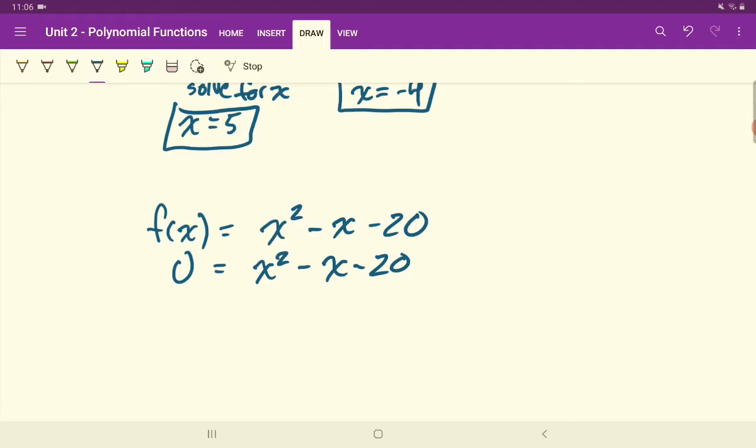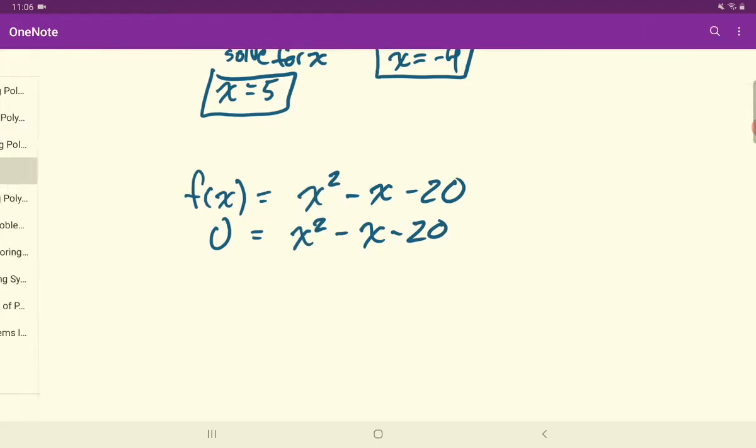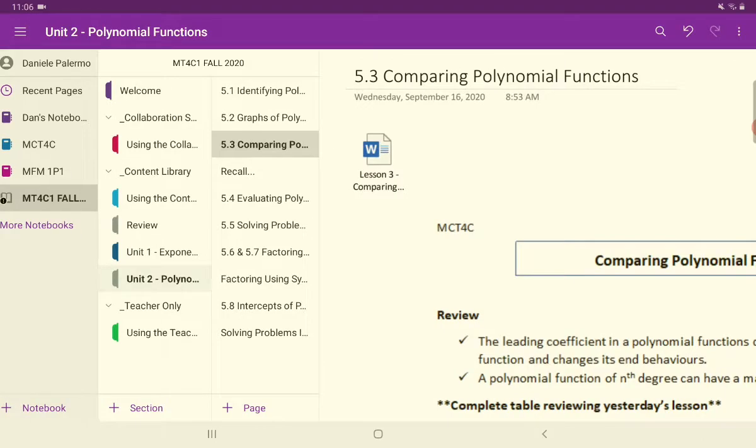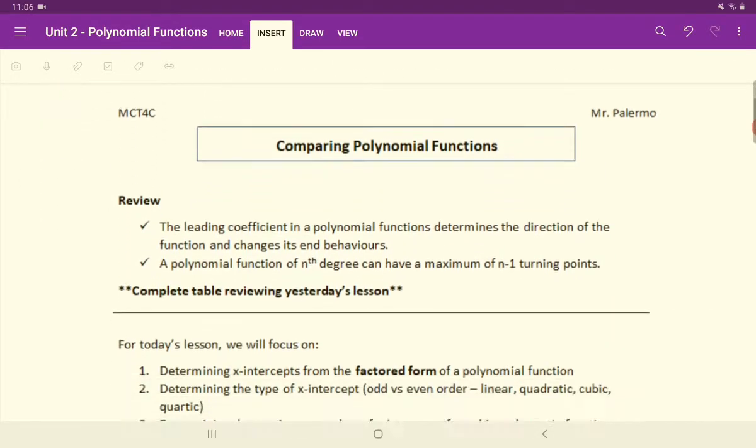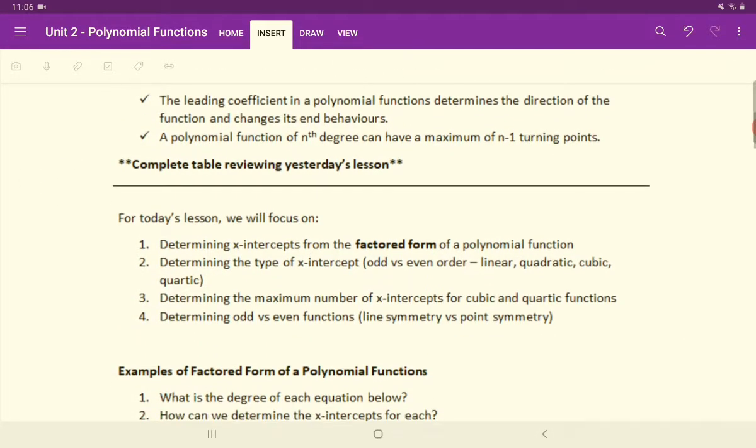Okay? So let's begin our actual lesson, where we're going to be accomplishing the following. Determining x-intercepts from factored form of a polynomial function, determining the type of x-intercept, odd versus even order. I already discussed this.